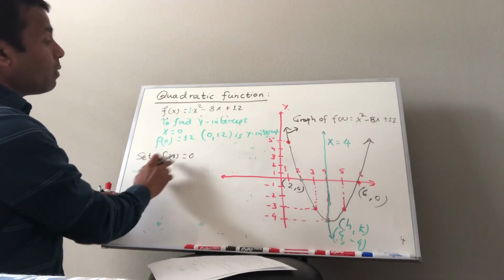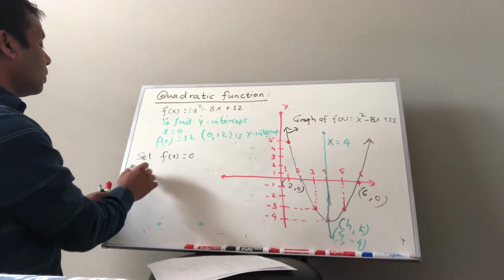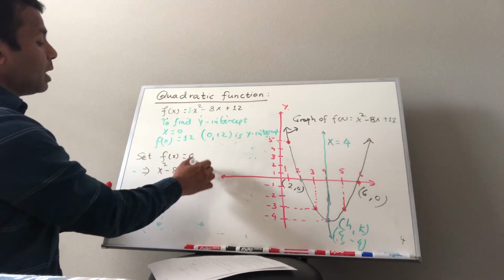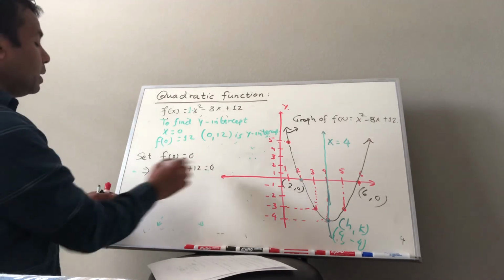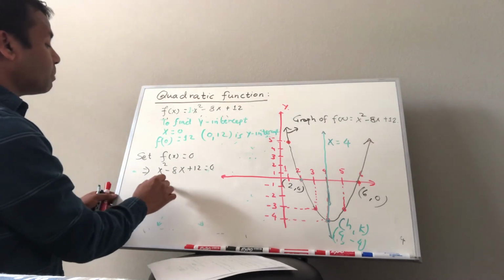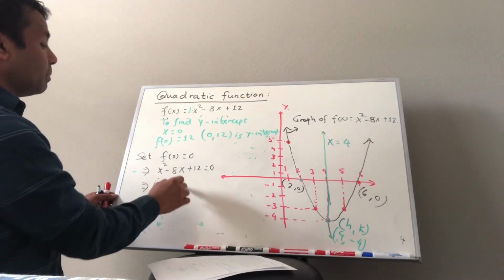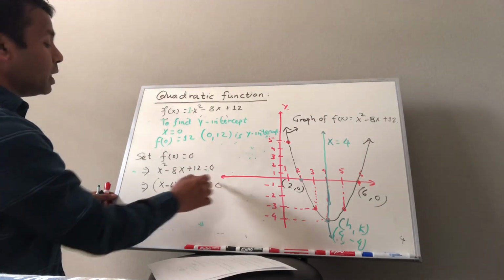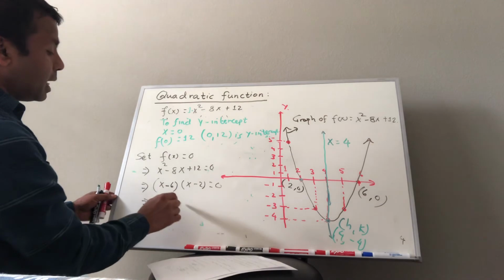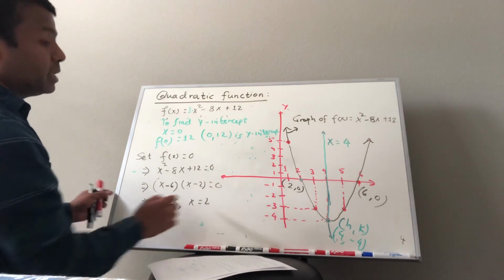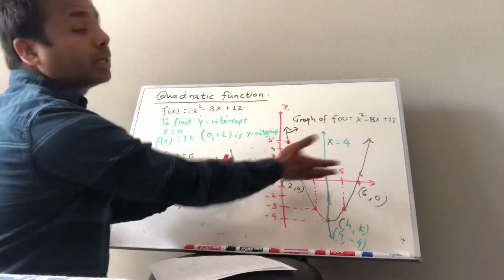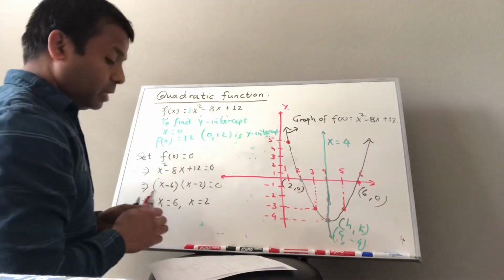That gives x squared minus 8x plus 12 equal to 0. If you solve this, it is (x minus 6)(x minus 2) equal to 0, which gives x equal to 6 and x equal to 2. So 6 comma 0 and 2 comma 0 are the x-intercepts.